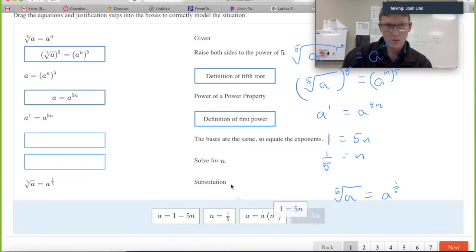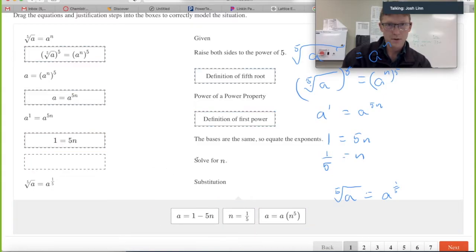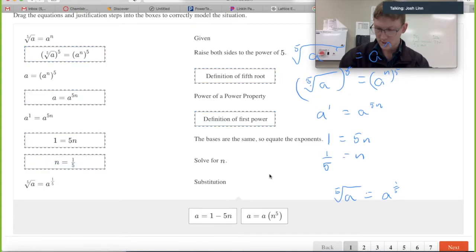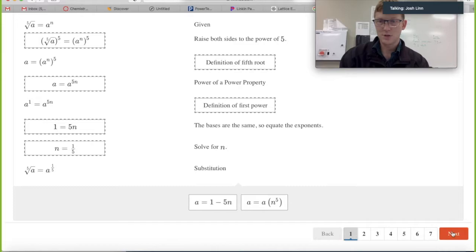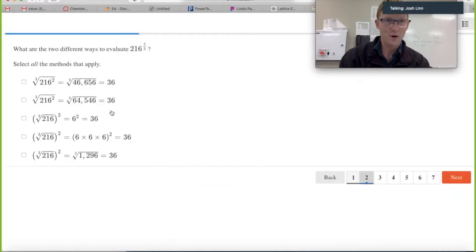So 1 equals 5n. Solve for n. n equals 1/5. Substitution. We're done. So there you go, there's your first one. Introducing you all to proofs. The proofs are amazing and fantastic.